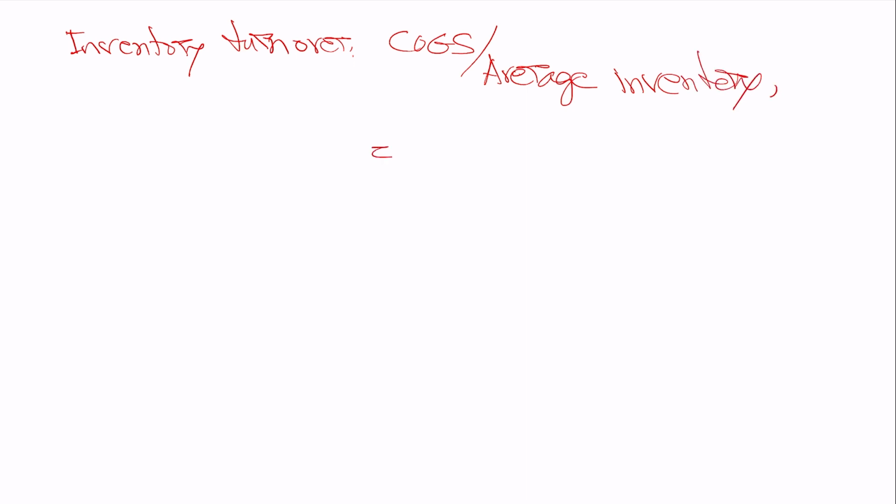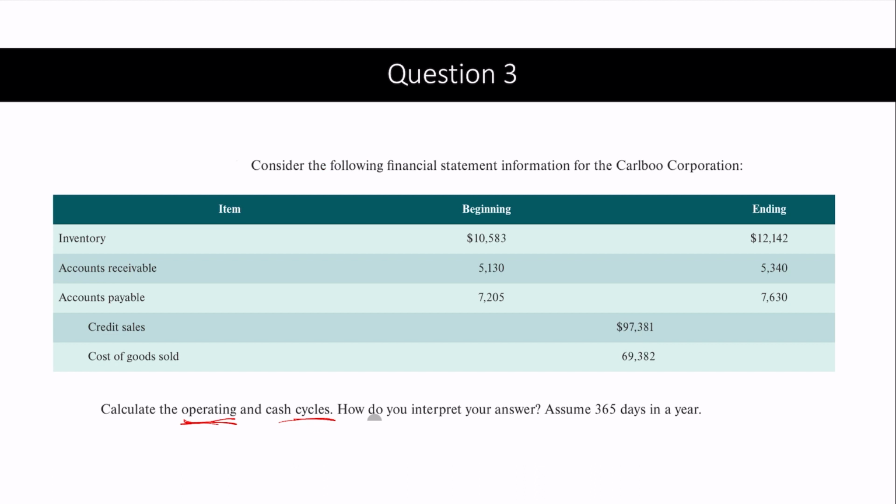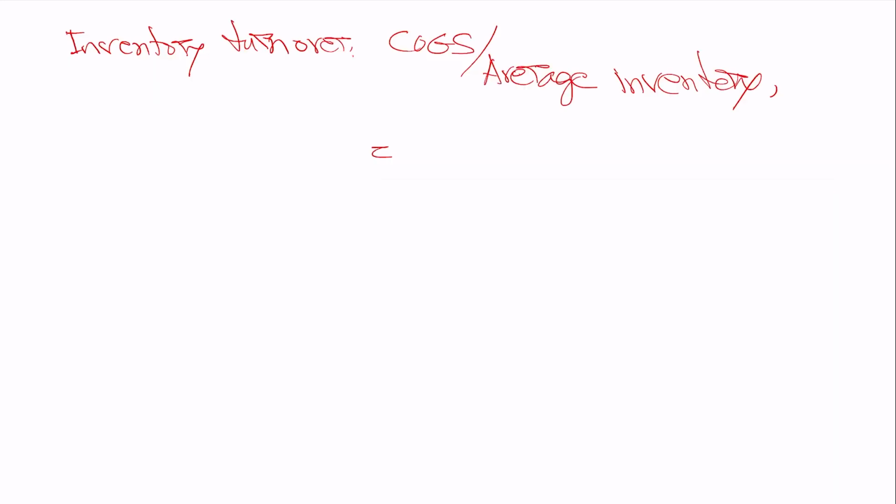So we see here that the cost of goods sold is given as 69,382 divided by average inventory.